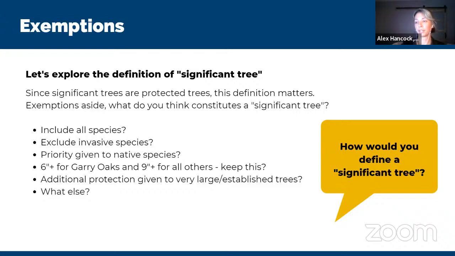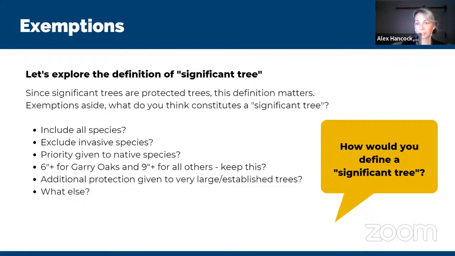So if you were to bring that down to 3 inches, I'm just throwing that out there, and all Garry oaks are protected and require a permit, then what size might you want to consider an additional level of protection for Garry oaks once they reach a certain size?